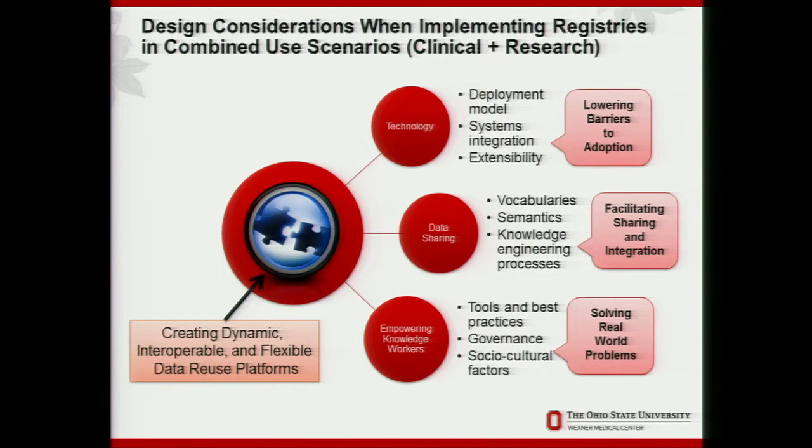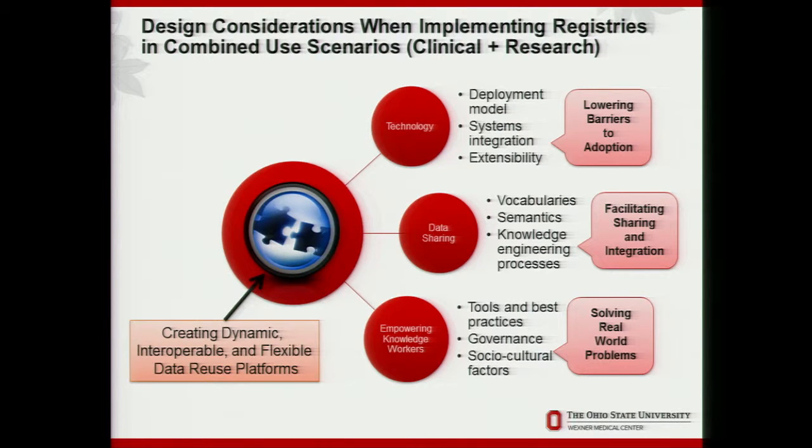Ultimately, designing a registry requires us to think about what are really combined use scenarios, right, where clinical care intersects with research. And this is about creating these dynamic and interoperable and flexible data platforms that support both areas, going back to the big analytics model that I just laid out. And when we think about that, we have to think about the technologies that we use. How do we lower barriers to adoption?